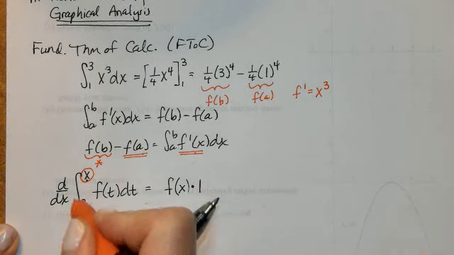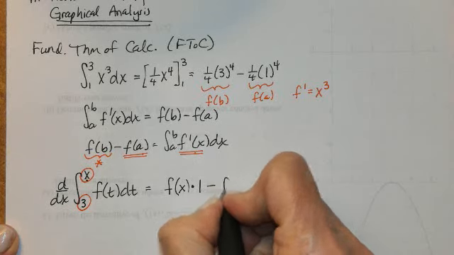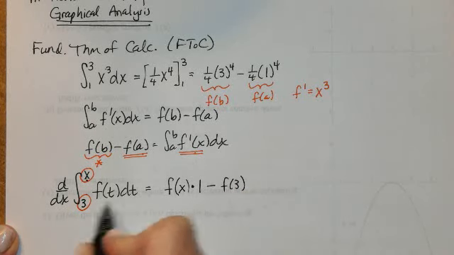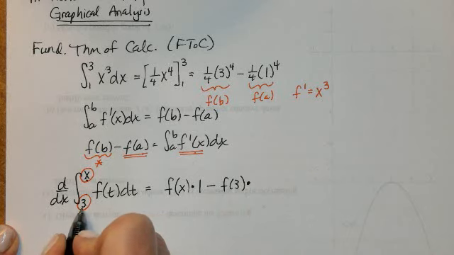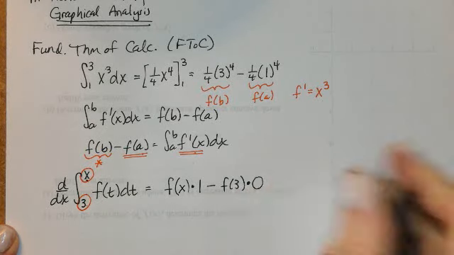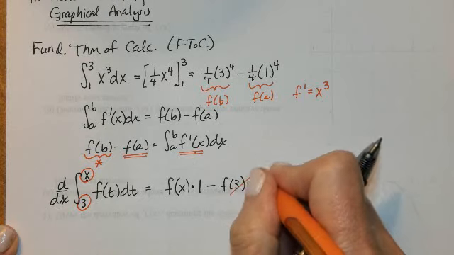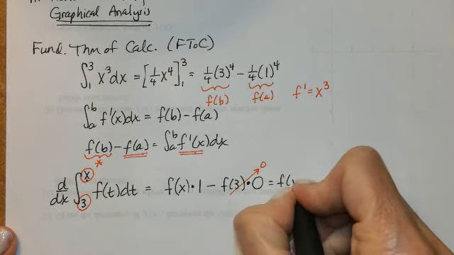And then we go to the lower boundary. Put that in for t. So minus f of 3, because we replace the t with the 3, and now you multiply by the derivative of 3 with respect to x. Well, the derivative of 3 with respect to x is 0, so that term goes to 0. So we're left with just f of x.